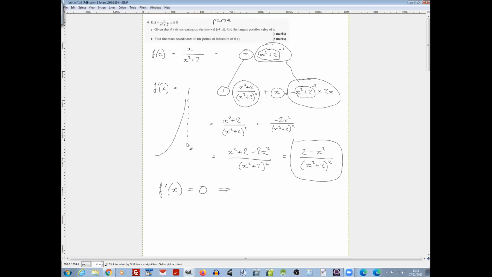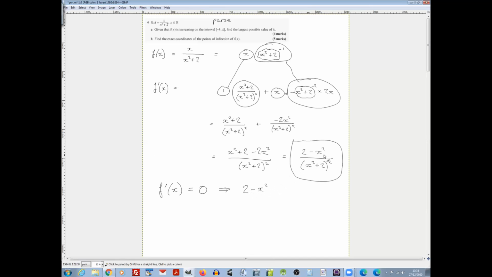So the top is never quite 0 there. A fraction equal to 0 does mean, happily, that 2 minus x squared equals 0 exactly.